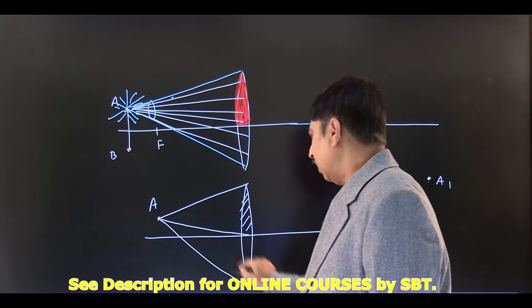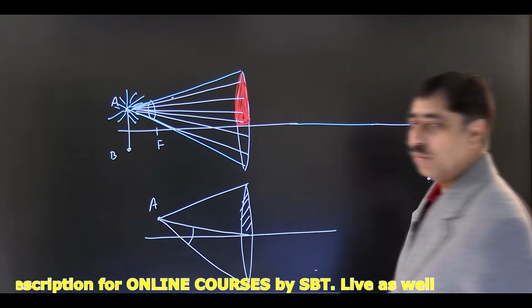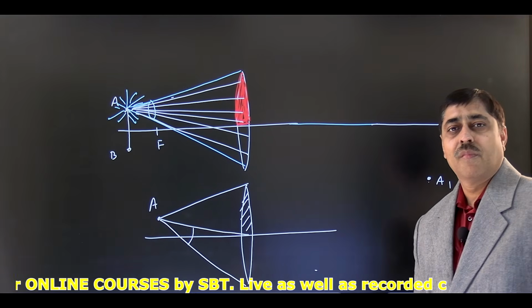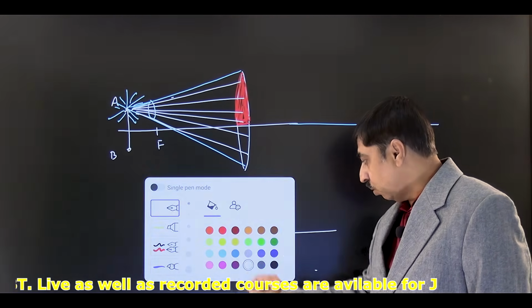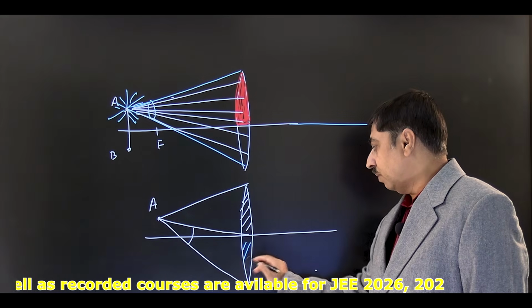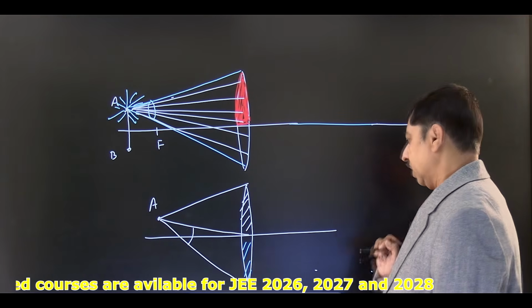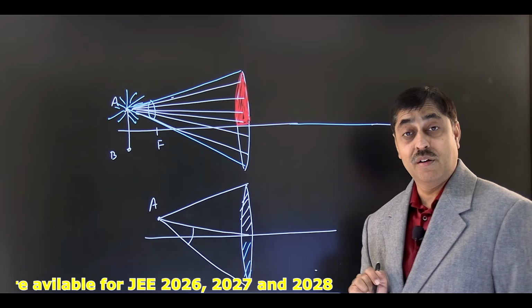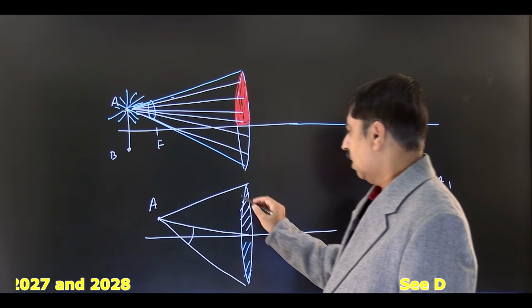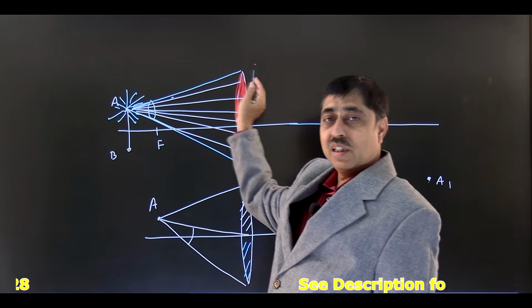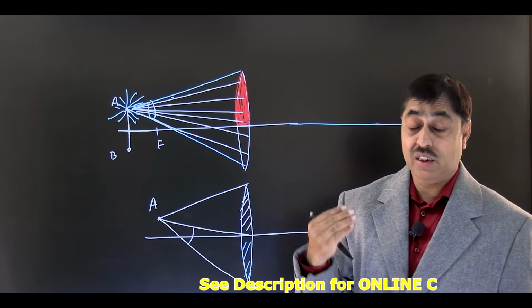Only this part of the light energy will get transmitted. So at point A1, light which is passing through this lower half of the lens will be able to reach, right?